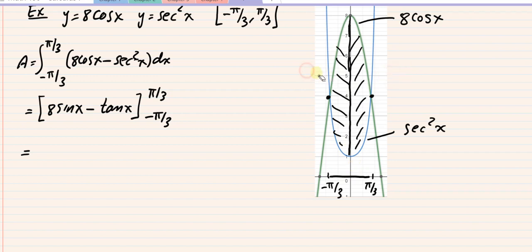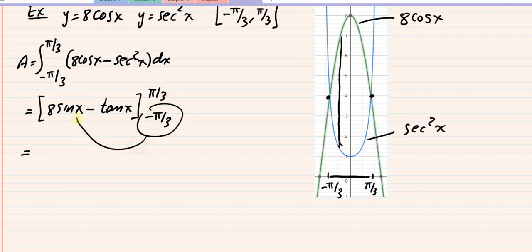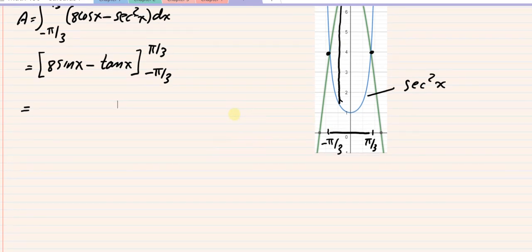So we can often take advantage of symmetry here. The reason I want to mention that is because when we do the fundamental theorem, I have to plug in negative pi over 3 inside here, and I'm going to have to evaluate those trig functions. It's much easier to evaluate them at 0, because they either eliminate or give us an easy number to work with.